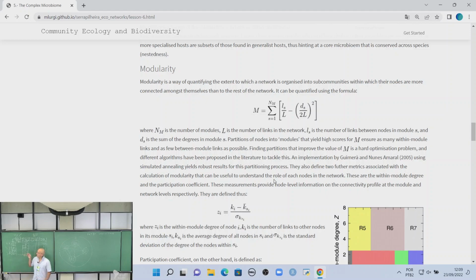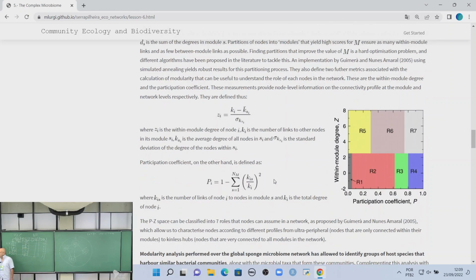One interesting thing about this way of calculating modularity, or in reality any way, is that the people proposing this algorithm came up with two other metrics here, which can be used to better understand the position or the role of a node in the network.